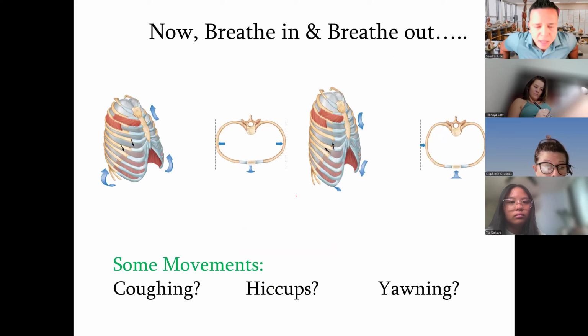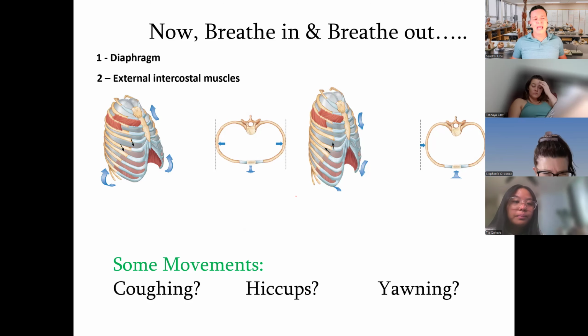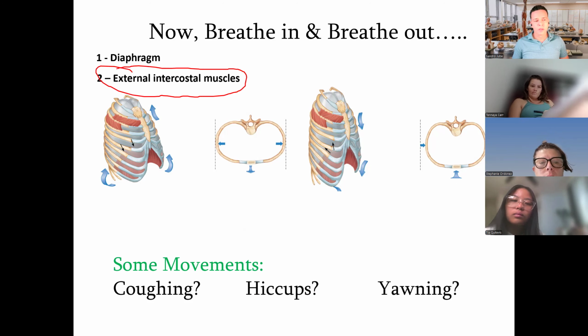All right. Now, besides the diaphragm, and the diaphragm is extremely important, there's another muscle that is also involved with inhalation and exhalation. And that muscle is what we call the external intercostal muscles. Okay, where is this muscle? These muscles, guys, are in between our ribs.